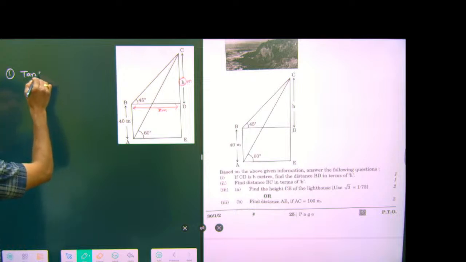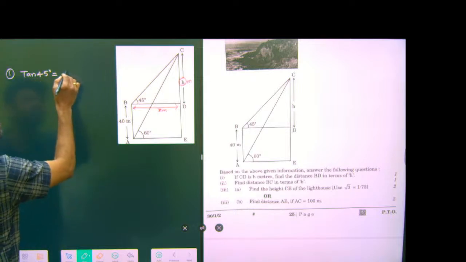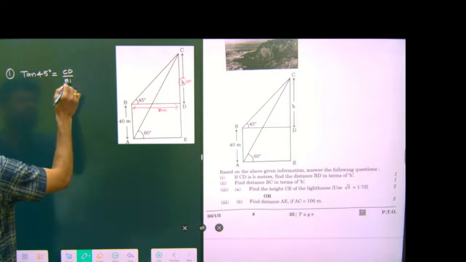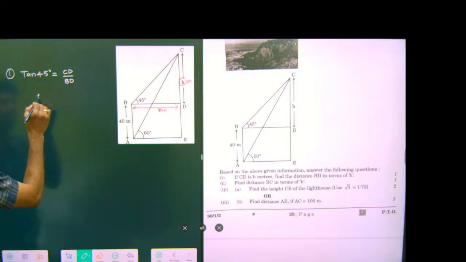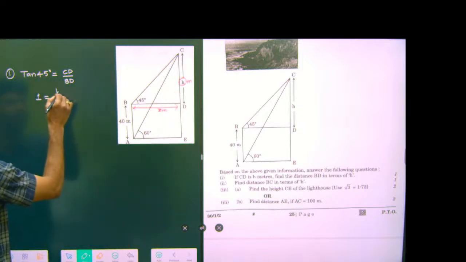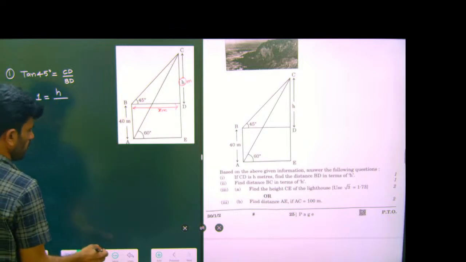So tan 45 degrees is equal to what? CD by BD. Tan 45 degrees value is 1. 1 is equal to CD, which is given as h meters. So h by BD, we do not know BD, so let us write BD.